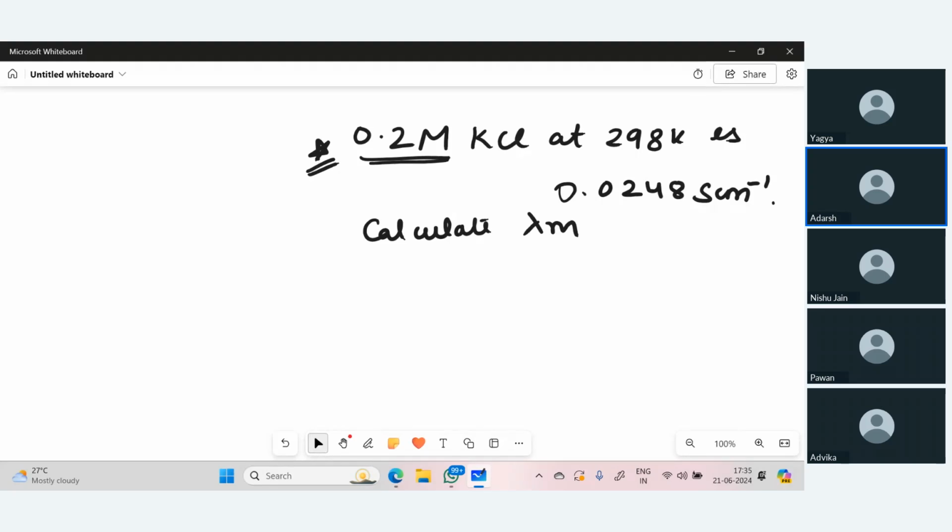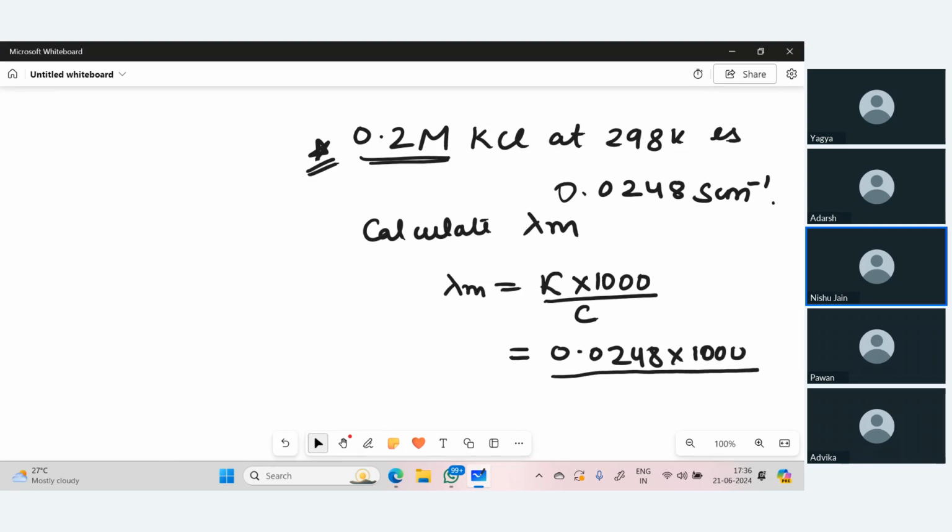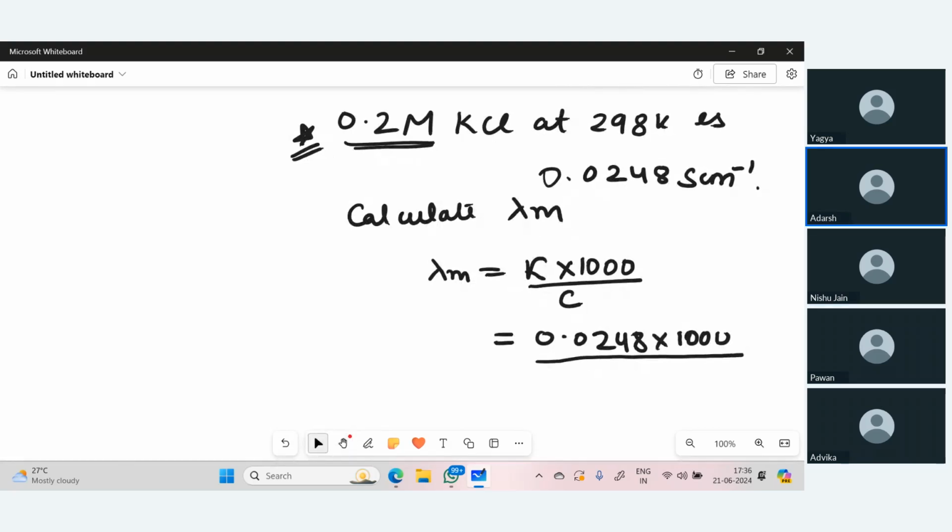Isn't it just using that formula? Which formula? Kappa into 1000 by molarity. What is the kappa value? 0.0248. What is the C value, the molarity? 0.2. So the answer, when you solve it, is 124. What are the units for molar conductivity?